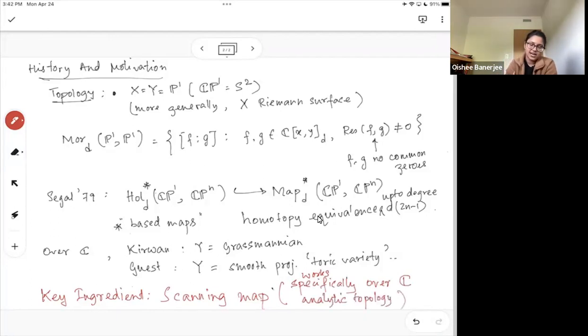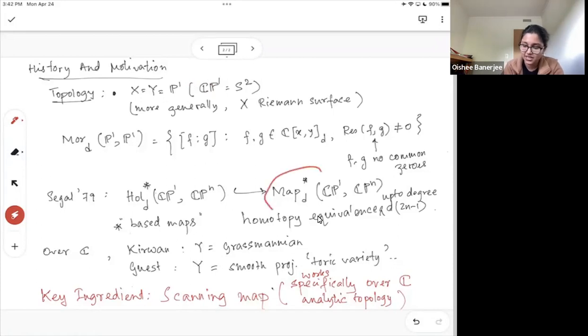And the reason I want to highlight this fact is that one might wonder, okay, instead of taking the complex numbers, what if we want to do the whole thing such that it works for any algebraically closed field?